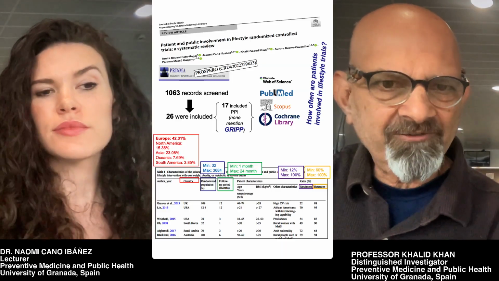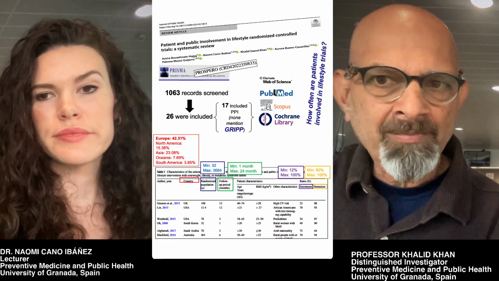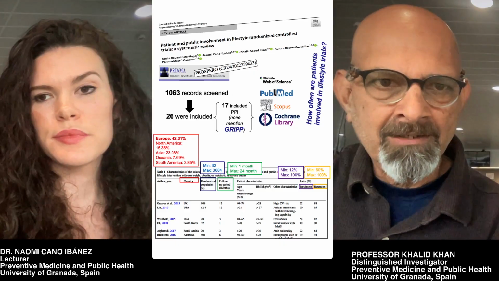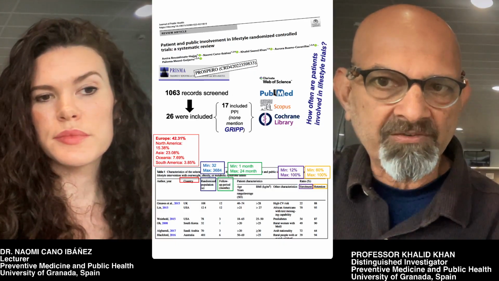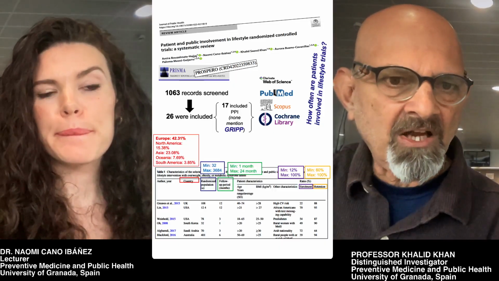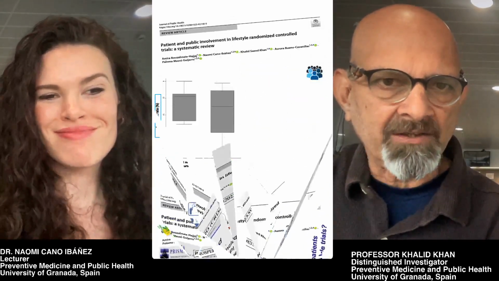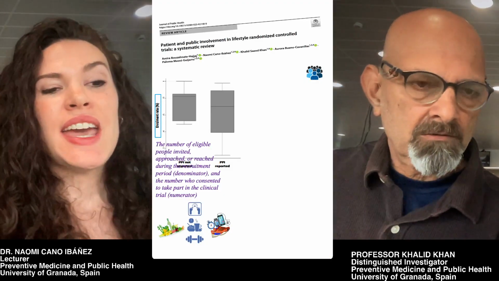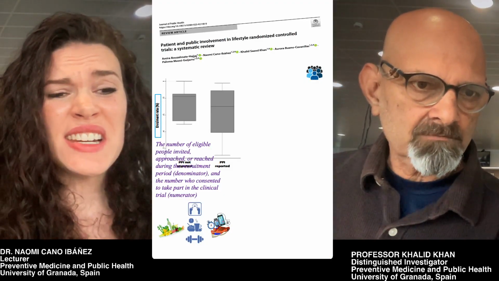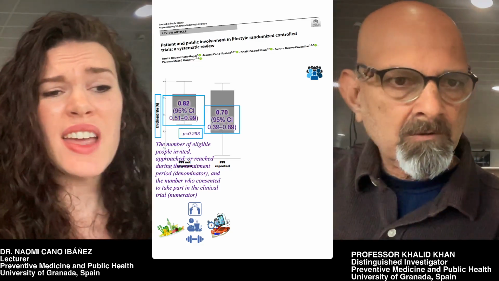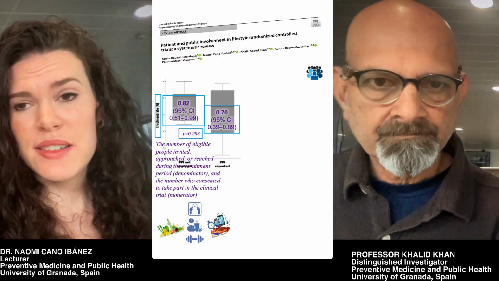So let's see if engagement of community in the investigation or research, in their role as co-investigator, made any difference. Naomi, would you kindly explain the findings? Yes, as you can see in the figure, we didn't find any significant difference between studies that incorporate PPI regarding enrollment rates.